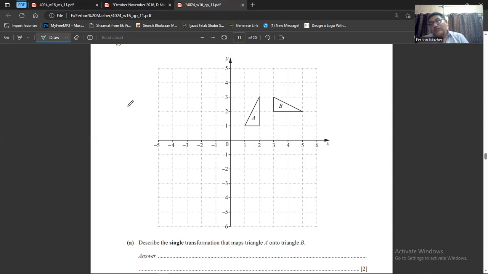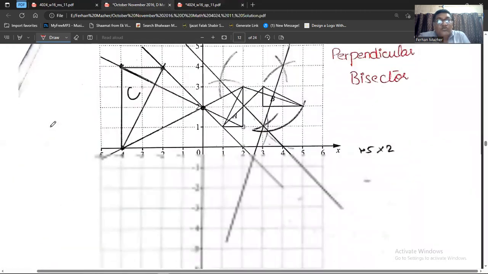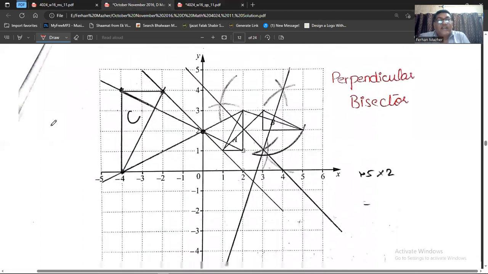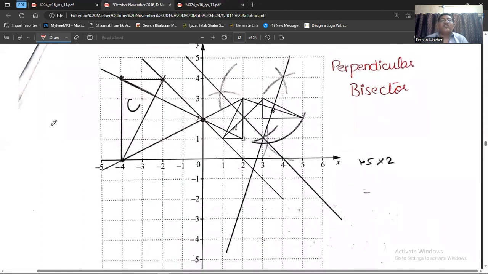But if you want to find the center of the rotation, you have to join the same points in the image and object, and draw their perpendicular bisector. You take two corresponding points, draw their perpendicular bisector, and do the same again. Where the perpendicular bisectors meet each other, that is the center of rotation.